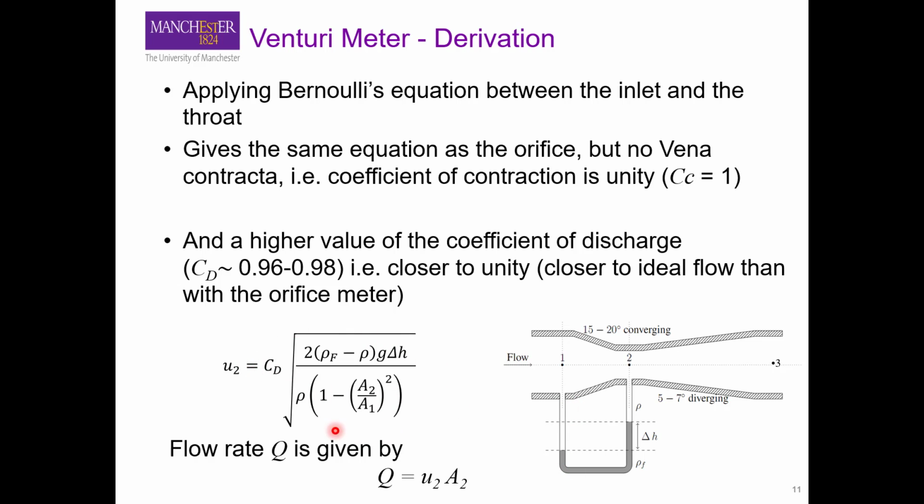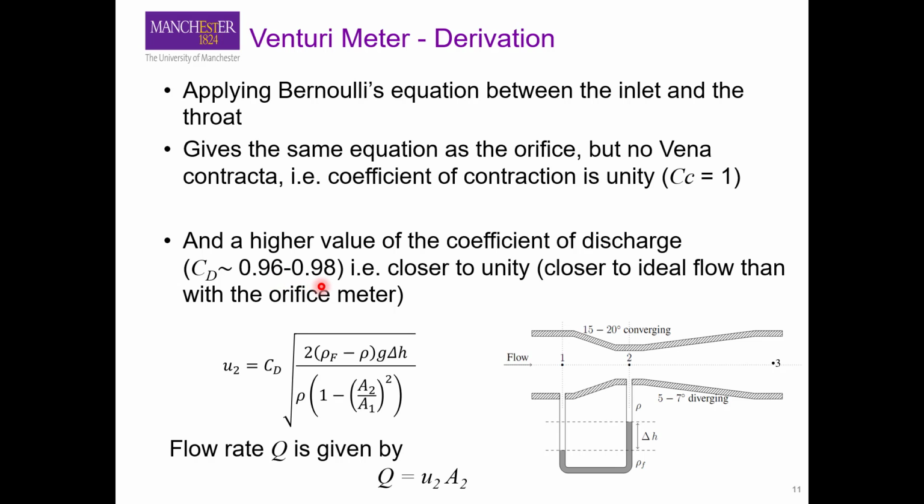You come to the same equation, but the difference is that because there is no sudden contraction, you have a smooth contraction. So we can write that the C, the contraction coefficient, is 1 for the case of the Venturi meter. And as such, the value of CD is also higher. So compared to 0.61 for the orifice meter, now the value of CD is 0.96.